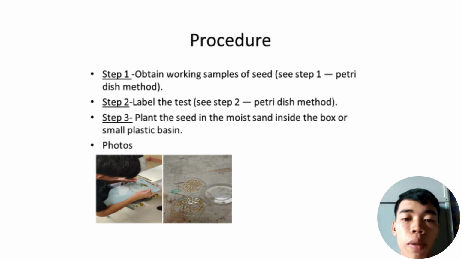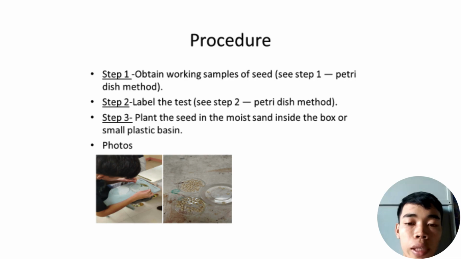By doing this activity, we have a step-by-step procedure to follow to make it a success. Step one, obtain working samples of seed, petri dish method. Step two, label the test.